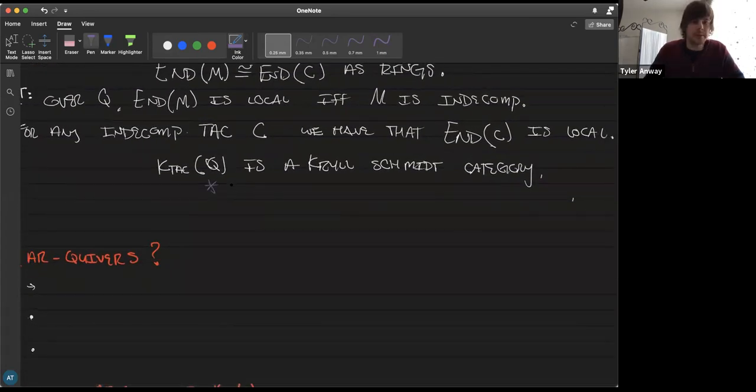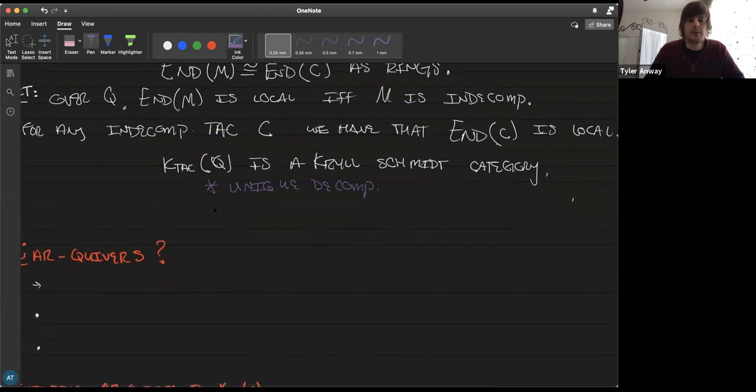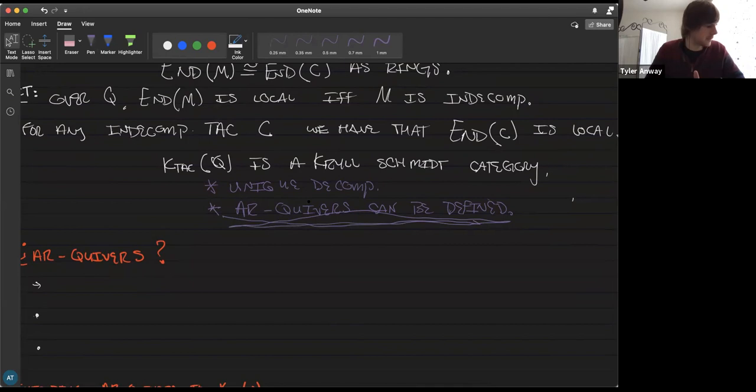It gives us one, that there are unique decompositions, and two, that AR quivers can be defined, right? And it's the second one that I'm really going to dive into here. I mean, the first one is important, but let's dive into this fact that AR quivers can be defined.